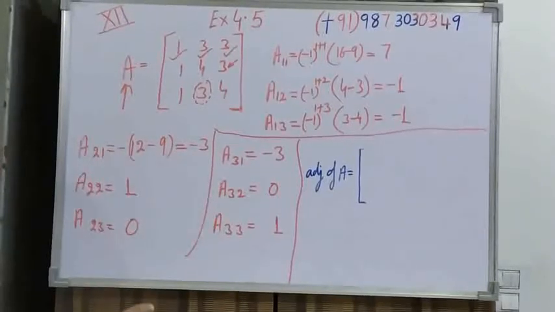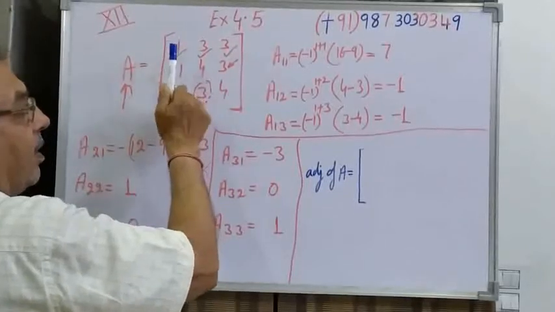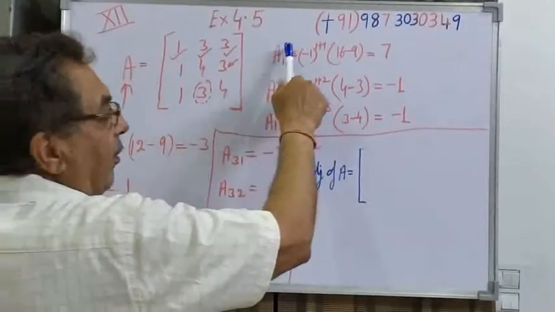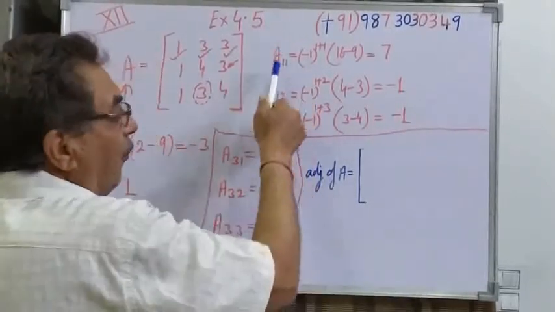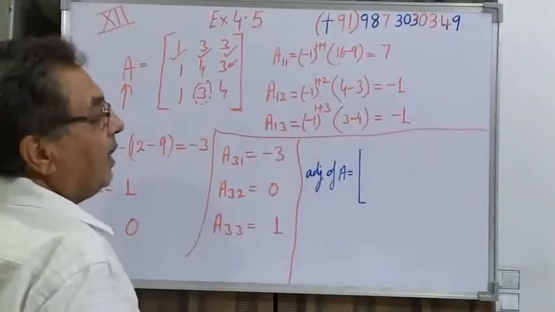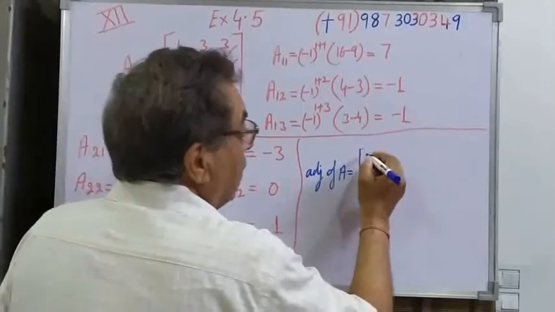Transpose of the cofactors means all the cofactors obtained from the elements lying in the first row will be written in the first column.